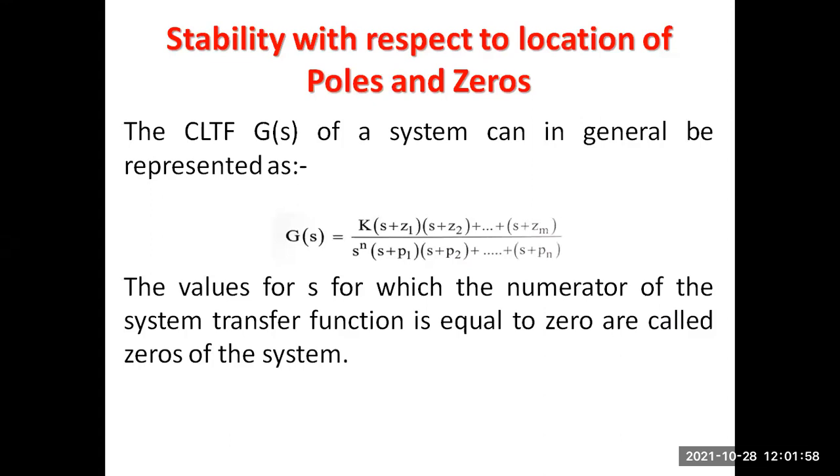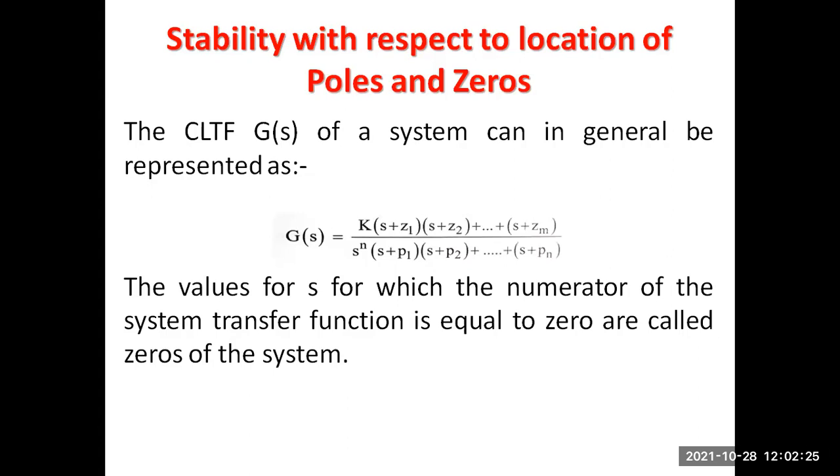Very good, very good. So when we have a transfer function, if we equate the numerator of the transfer function to 0, then whatever solutions we get are the zeros of the system. Similarly, if we equate the denominator of the transfer function to 0, then whatever solutions we get are the poles of the system.